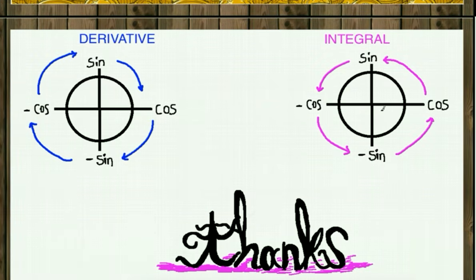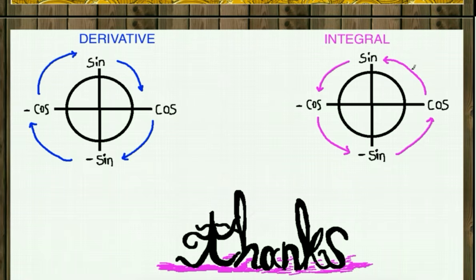And this is also a fast technique to find the derivative and antiderivative of trigonometric functions. If you go clockwise, you get the derivative of each trigonometric function. Cosine is at the positive x direction, negative cosine is at the negative x direction, sine is at the positive y direction, negative sine is at the negative y direction.